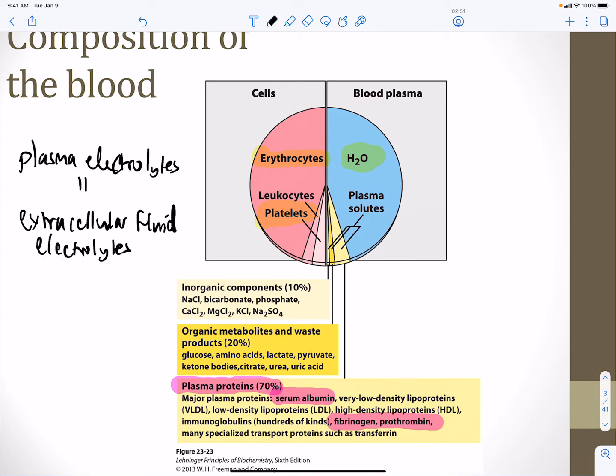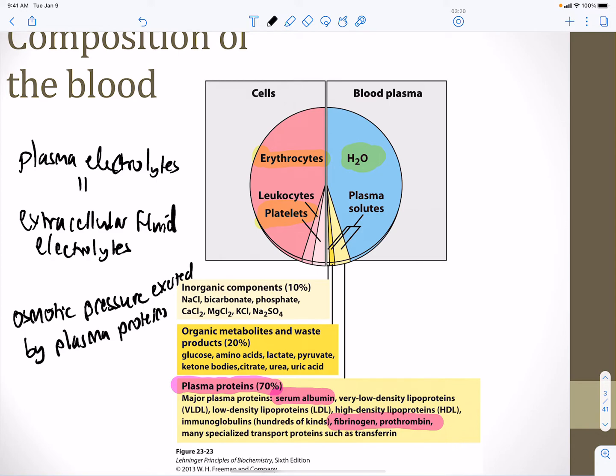So the osmotic pressure that is going to be exerted by your plasma proteins is going to be critical or essential for bringing water back into the blood from the tissues. So it's not just important, it's actually critical.